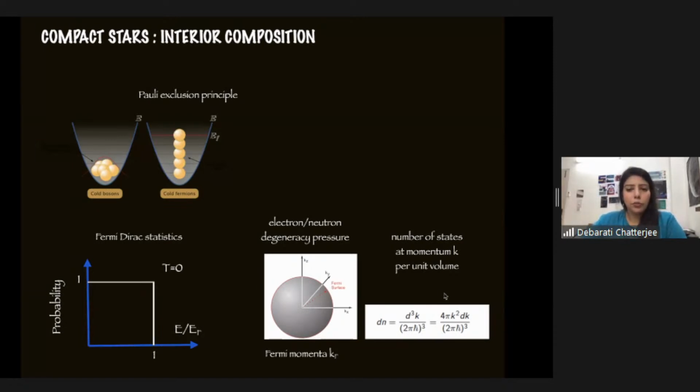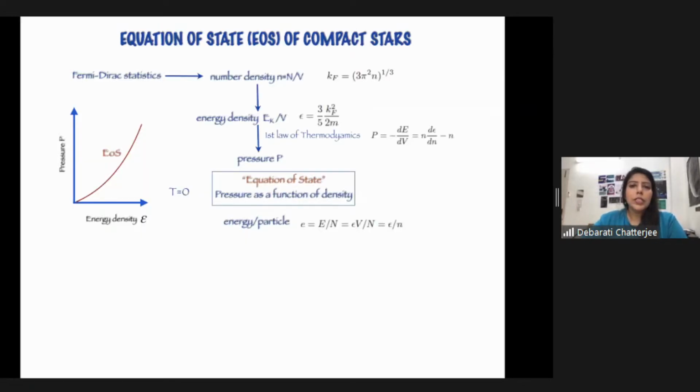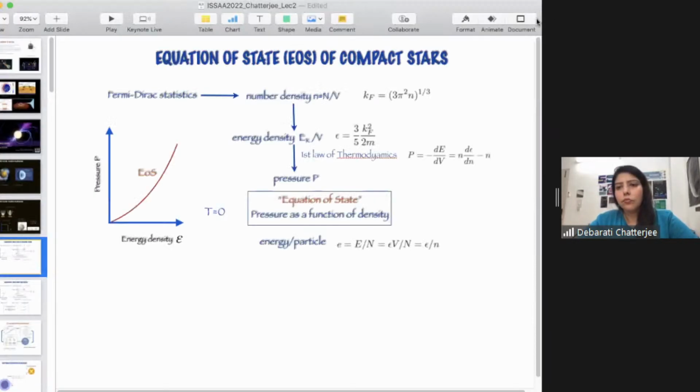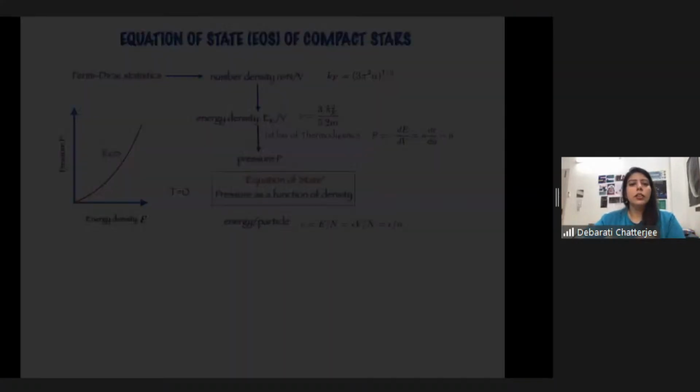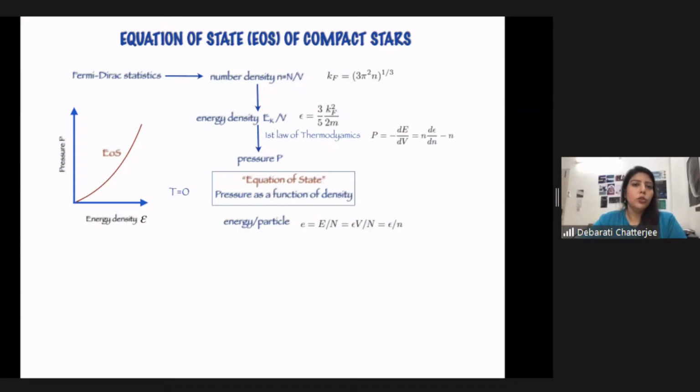So the number of states at a given momentum k per unit volume can be written down using statistical mechanics in this way. Now, if you integrate out the number dn, then you get the number of particles per unit volume, which is what we call the number density.